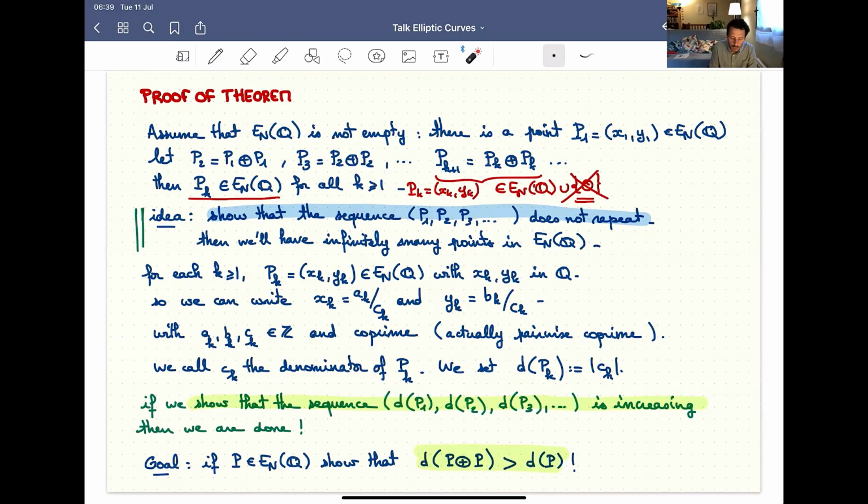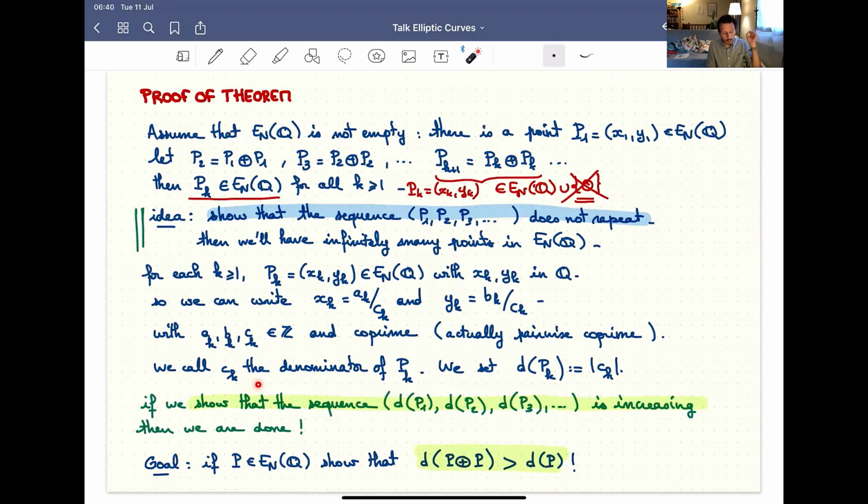And if I do this, I will realize that the denominator of yk is the same as the denominator of xk. And a, b, and c are integers and they are co-prime, which means that they have no common prime factors.